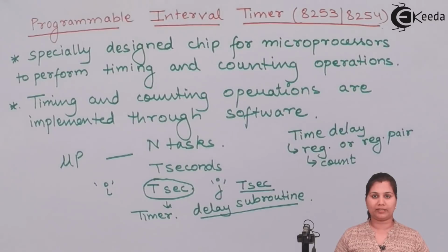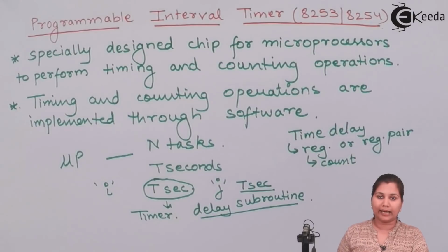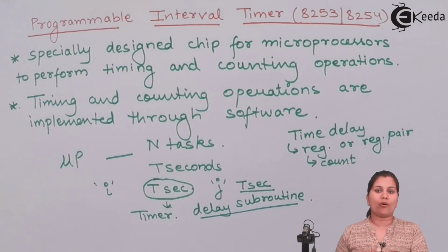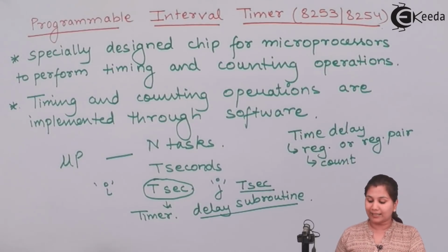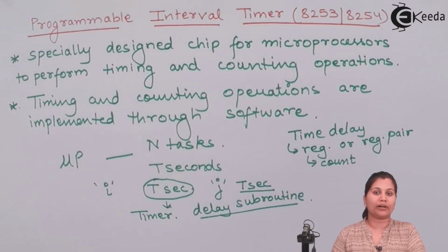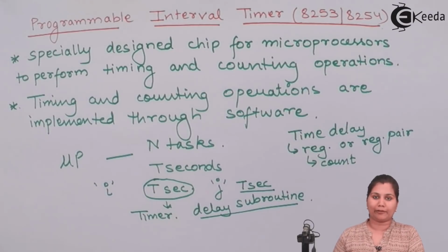It is free from its job. It can perform any other job, and the task of providing the time delay of t seconds will be done by the external timer. So that is the need of an external timer, and that is why the 8253 or 8254 programmable interval timer is developed for use by the microprocessors to perform the timing and the counting operations.